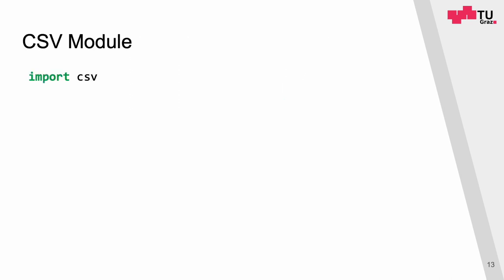Alright, let's look at some code. In Python we already have some built-in modules to handle this, and in particular there is the CSV module. It is already installed on your computer, since it is part of the standard library. You can import it using the import statement by just typing import csv.